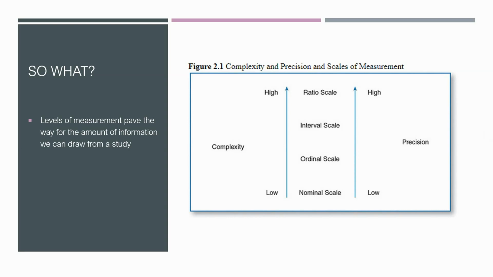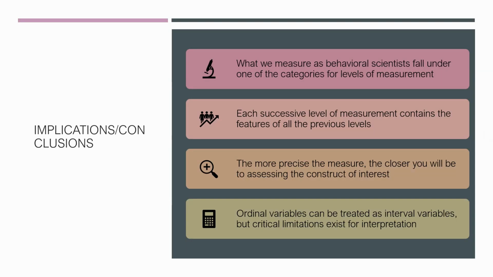All right. So now, to wrap up the chapter, there are a few general implications and conclusions that we can draw. First of all, what we measure as behavioral scientists always falls under any of the 4 levels of measurement, whether it's a nominal variable, an interval variable, an ordinal variable, or ultimately a ratio variable that we're interested in.